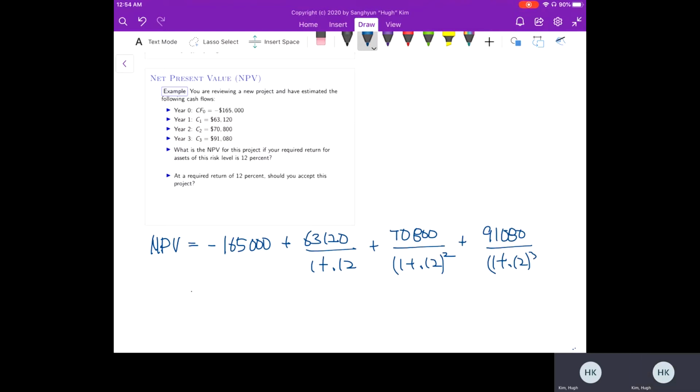So if you compute this, you should get $12,627.41. So that's the NPV for this project. And at a required return of 12%, we should accept this project.